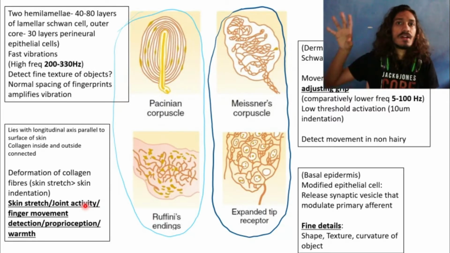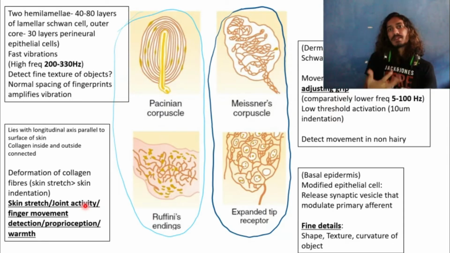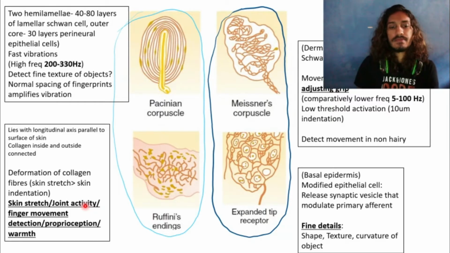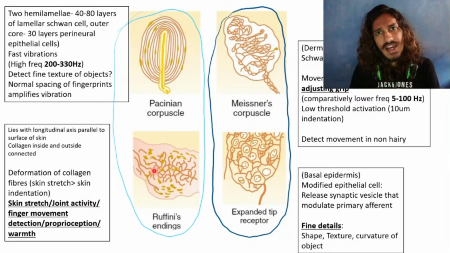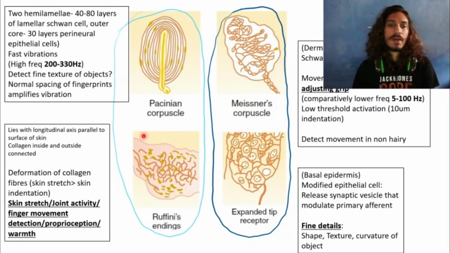Along with your muscle spindle and Golgi tendon organ, this also helps you understand. So some sort of proprioceptive elements are there in this. I also briefly mentioned that Ruffini's ending is not only for touch, but it can detect temperature as well. Okay, so that is your Ruffini's ending.